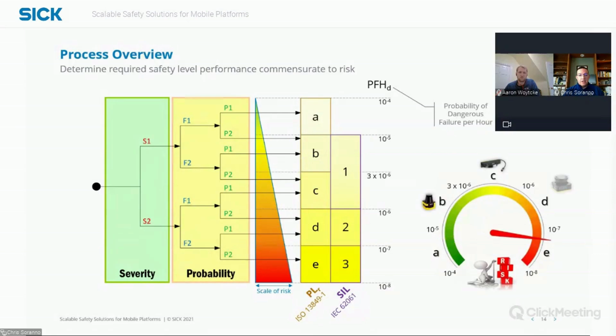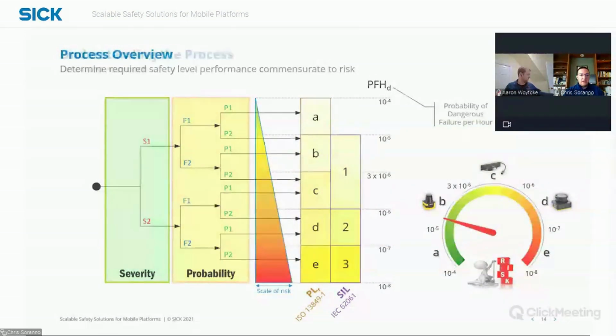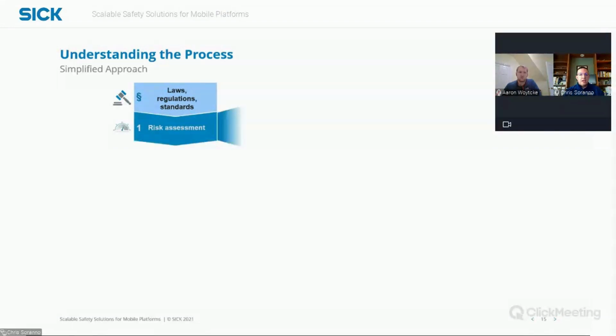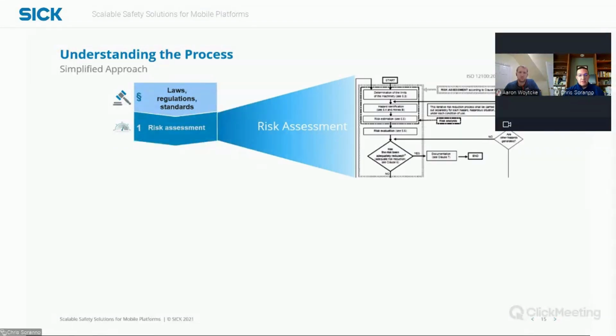And then we can subsequently select the right risk reduction measures, the right technologies, and the right solutions that meet or exceed those requirements. So if we take a really simplified approach to risk assessment at a high level, first thing we do is we identify applicable laws, regulations, and standards, depending on the industry, depending on the region of the world. We then perform the risk assessment, which we'll go into here in a little bit.